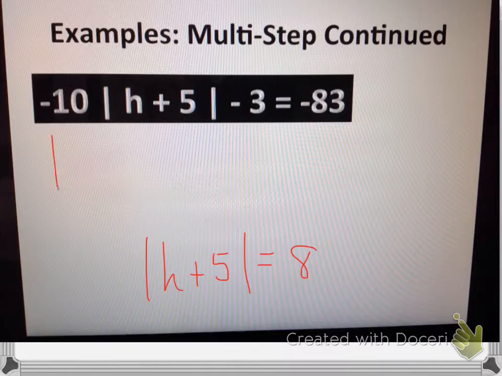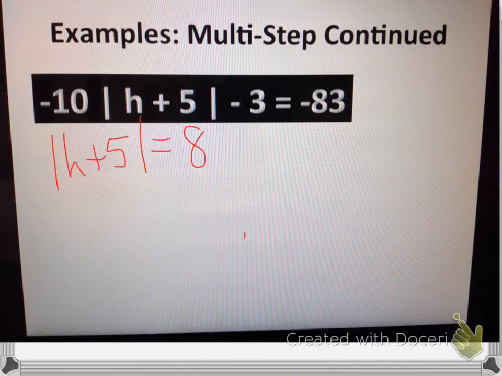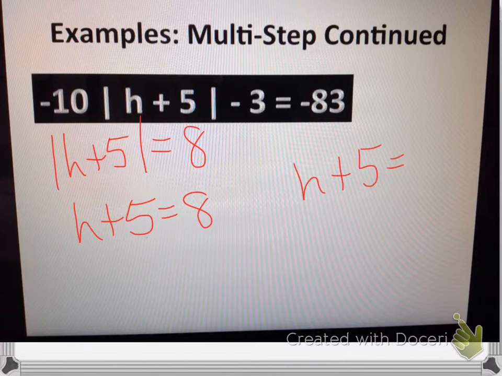So I'm going to write my two equations. H plus 5 is equal to positive 8, and h plus 5 is equal to a negative 8. In both equations, I'm going to solve it so that I get my answers.